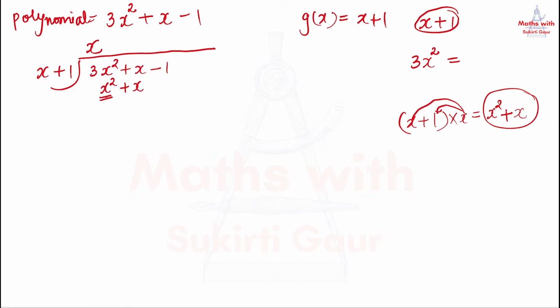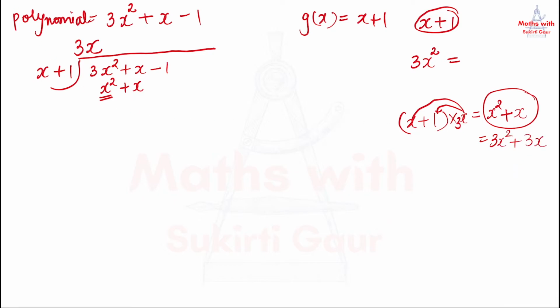Here you can see we are getting x square. But we do not want x square. We want 3x square. So what can we do to make the first term vanish? We can take 3 over here. What will it give us? If I write 3, 3x into x will give us 3x square plus 3x into 1 will give us 3x.